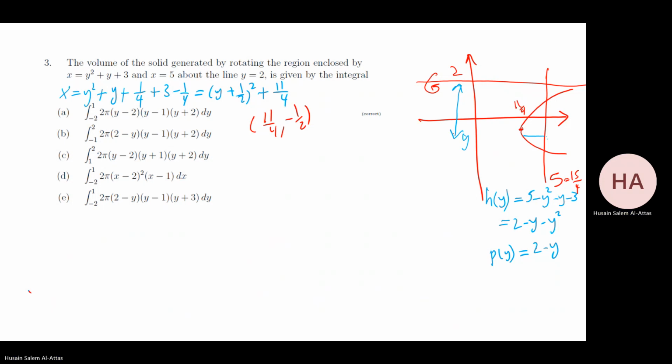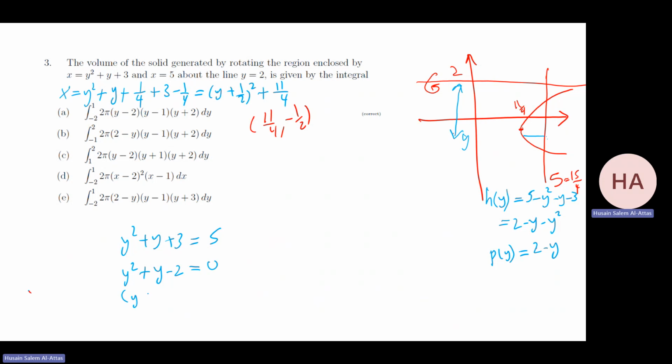So I want to check the intersection between the two functions. So y squared plus y plus 3 equals 5. So I have y squared plus y minus 2 equals 0.